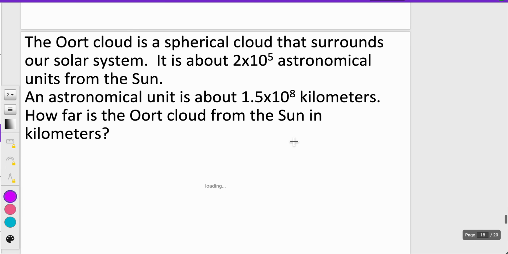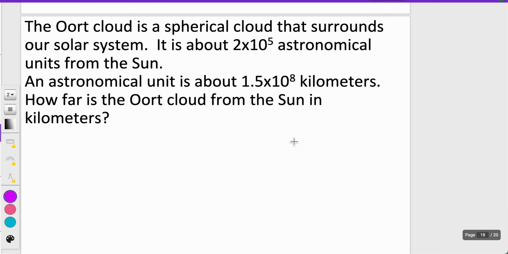Going onward to this one, the Oort cloud is a spherical cloud that surrounds our solar system. It is about 2 times 10 to the 5th astronomical units from the sun. An astronomical unit is about 1.5 times 10 to the 8th kilometers. So how far is the Oort cloud from the sun in kilometers? In this case, we would need to multiply.